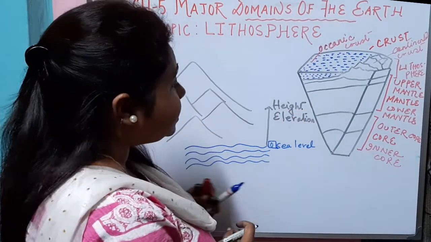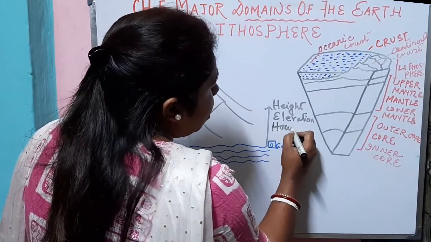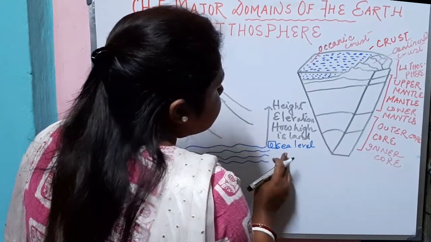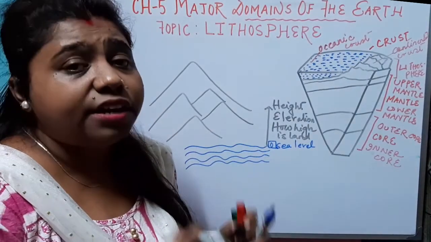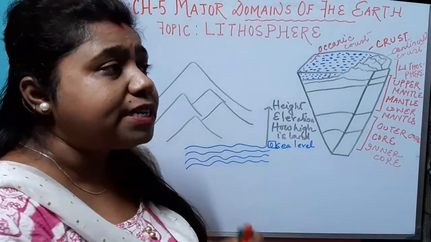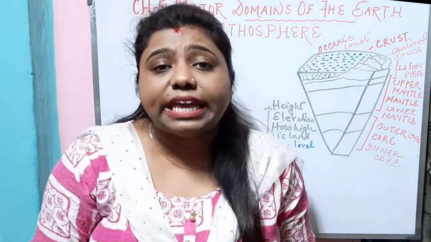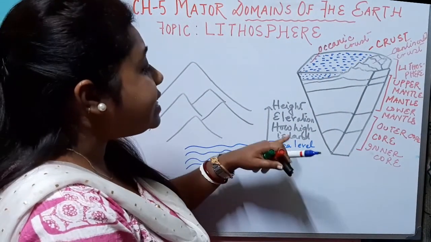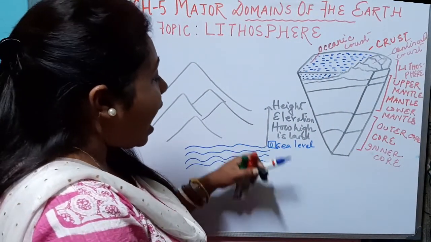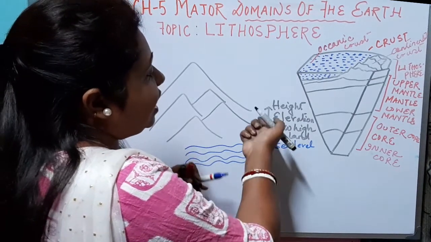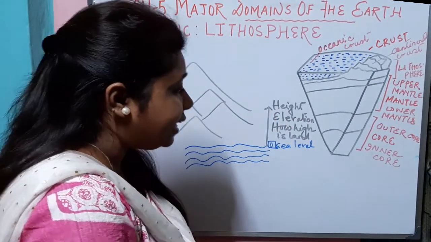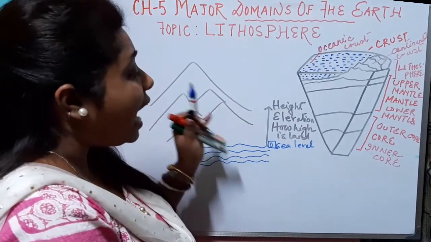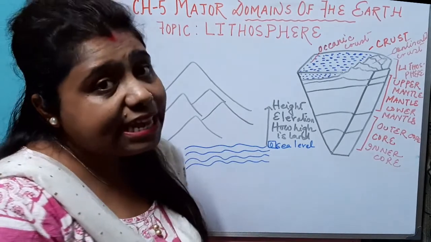That means we can understand how high the land is from the sea level. Because the earth's surface is not even, we have taken a reference point, that is sea level, which is 0, and as the height from the sea level increases, we can understand how high the land is. That means, in the landform, what is the height of that land from the sea level.